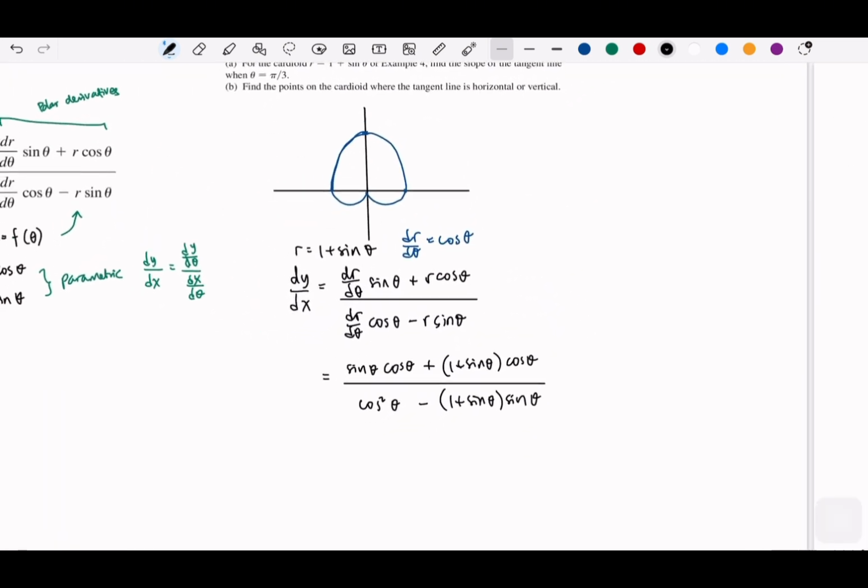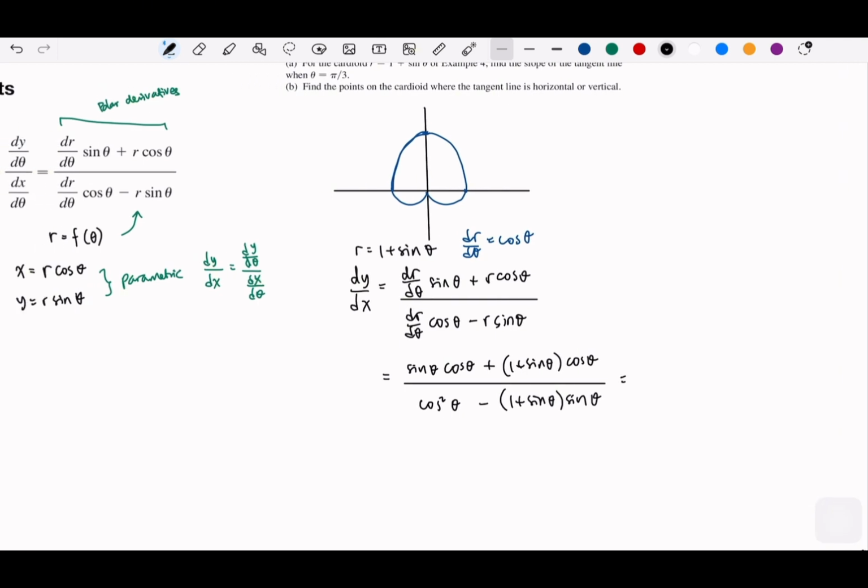Okay, let me work here. This will be cosine theta plus 2 sine theta cosine theta.